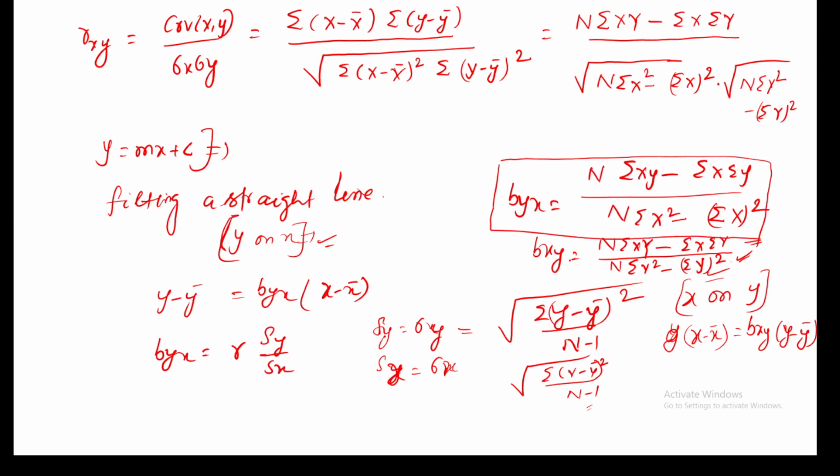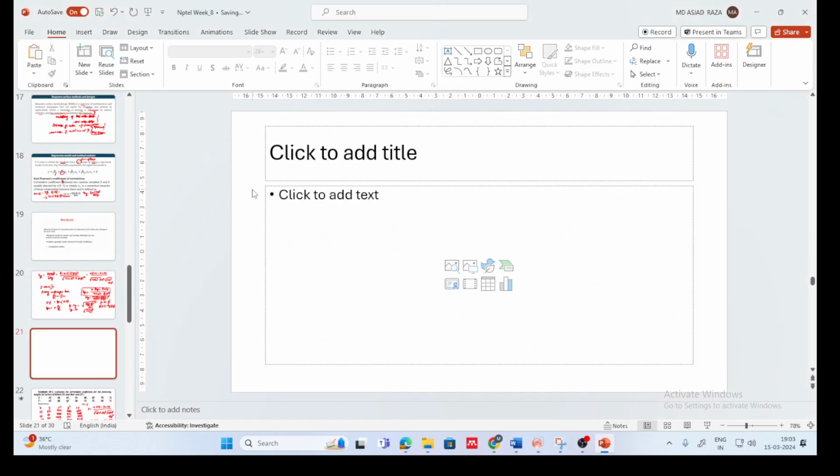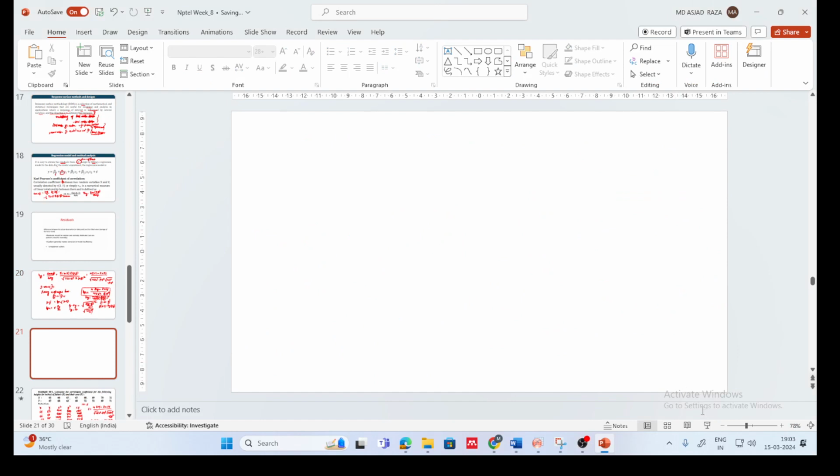Now we'll take one more page and I will write some more formulas for the intercept and the r square value. We have y is equal to mx plus c.